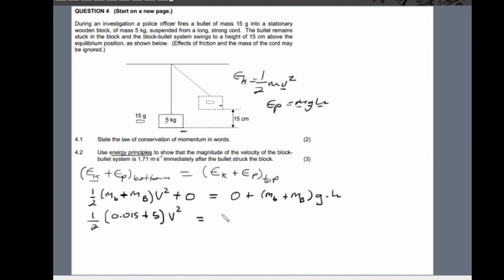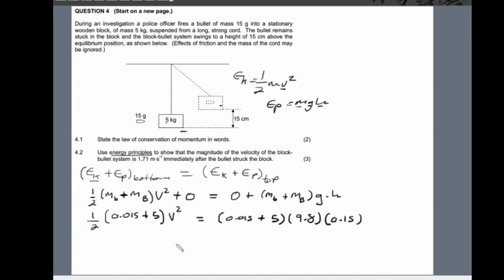And then same thing on the right: the mass of the bullet is 0.015, the mass of the block is 5, the gravitational acceleration is 9.8, and then the height is 15 centimeters. In meters it will be 0.15, right?